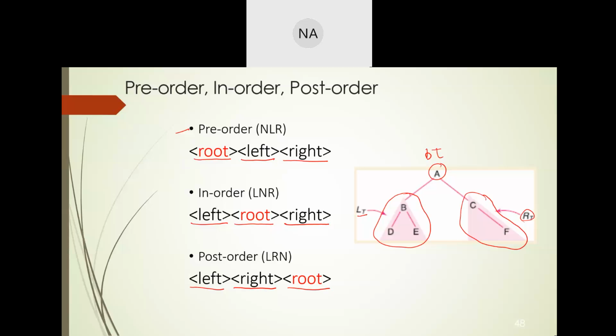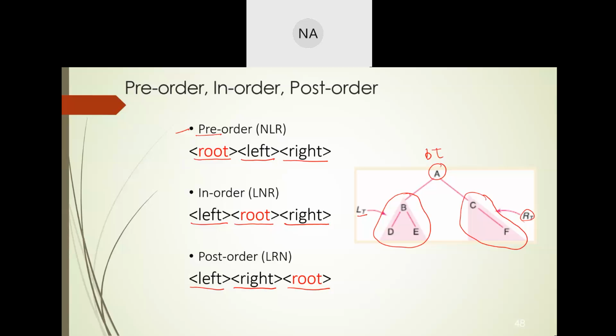In pre-order, root is visited first. That's why it's called pre-order, because the root node is visited before the left and the right subtrees. It is called pre because the root is pre-processed, pre-visited before the left and the right subtrees.